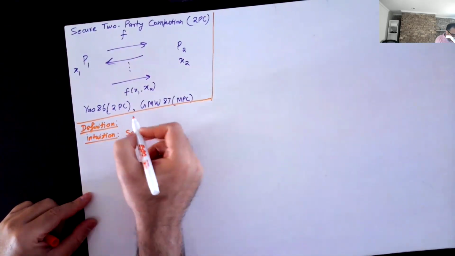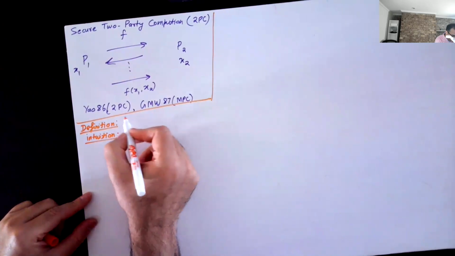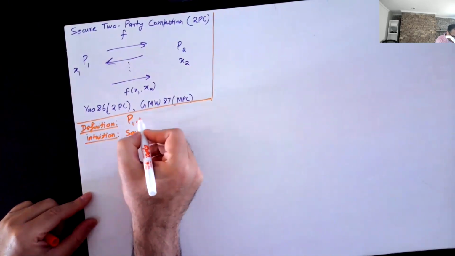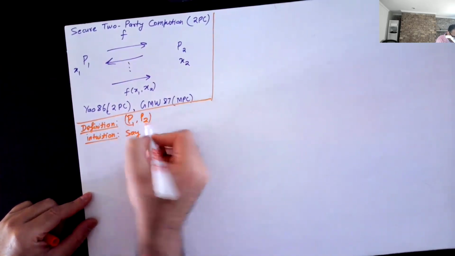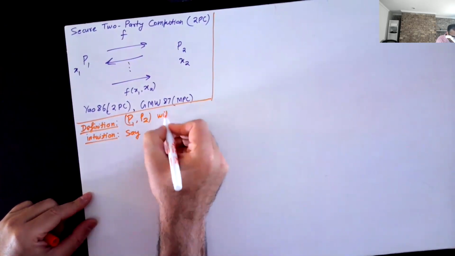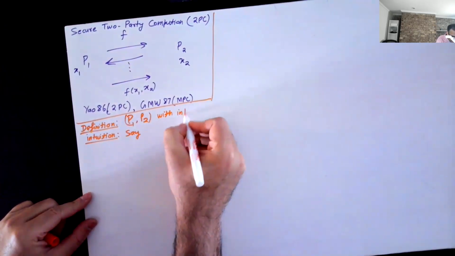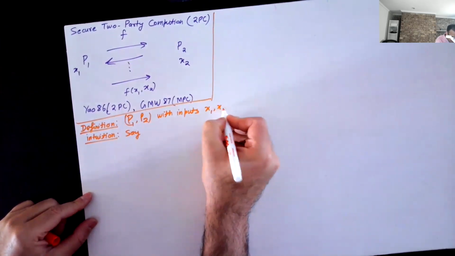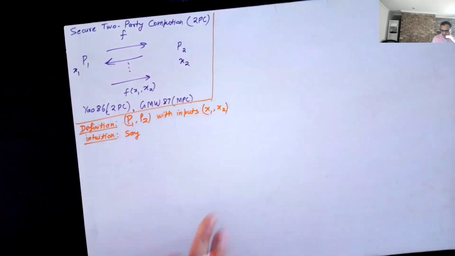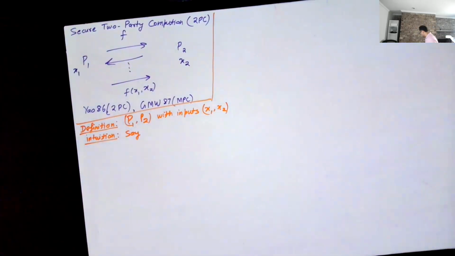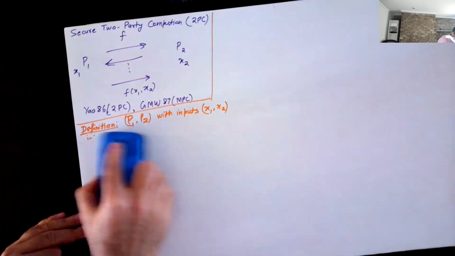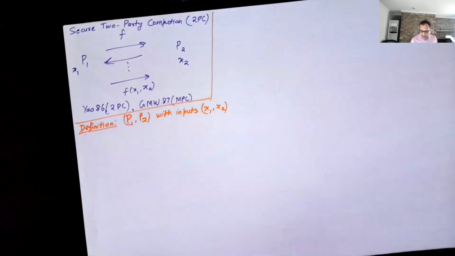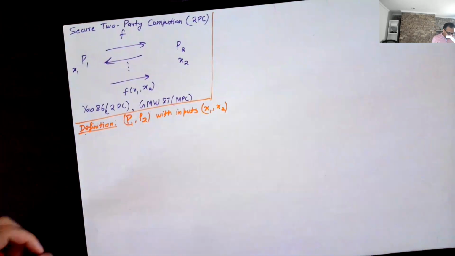Our protocol is we have two parties, P1 and P2, with inputs x1 and x2. Okay. And maybe let me back up a little bit and talk about the format first.